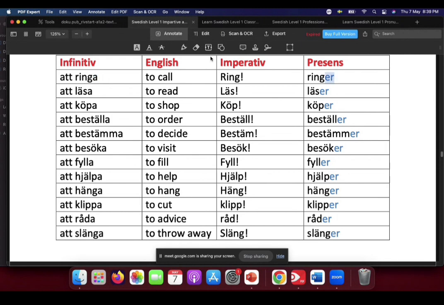Why? Because I drop a and place er, ringer. At läsa, läser. Drop a and place er. At handla, no, shopper. At bestämma, bestämmer. Besöka, besöker. Fyller. Hjälper. Hänger. Klipper. Rodda. Slänger. So if you want to use imperative form here, you would realize it's not equal to infinitive form.